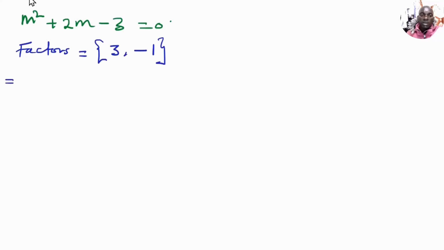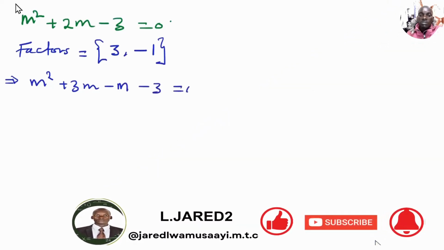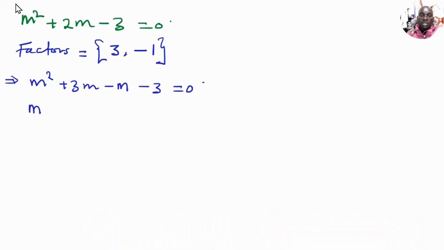So from here we can now proceed, and we have m squared plus 3m minus m minus 3 equal to 0. So let us factor out m: m into m plus 3, minus, let us pull out 1, into m plus 3 equals 0.